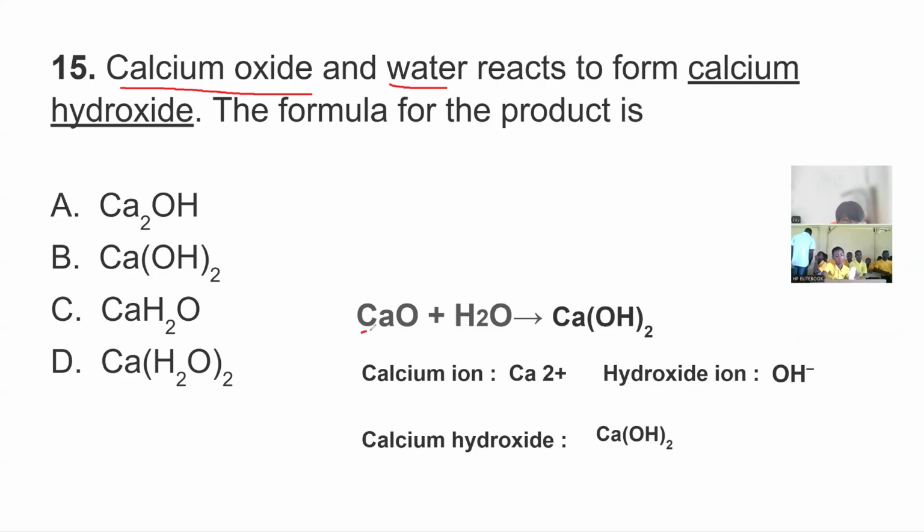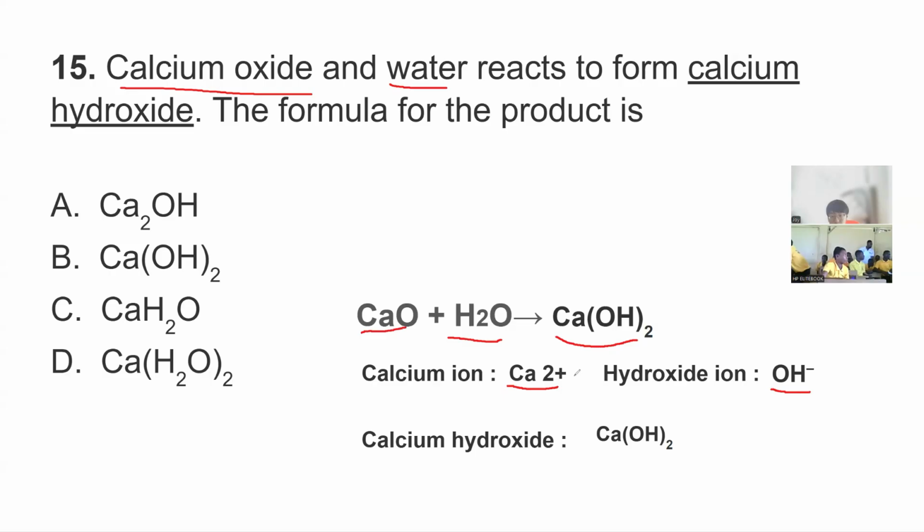Calcium oxide is CaO. Water is H2O. And this actually forms Ca(OH)2, because calcium dissociates into Ca2 plus, and it also forms hydroxide ions.